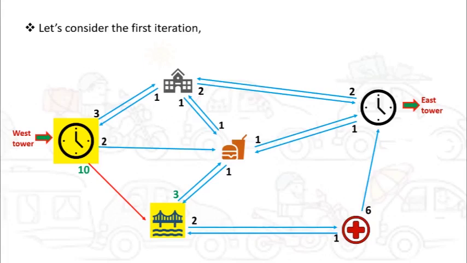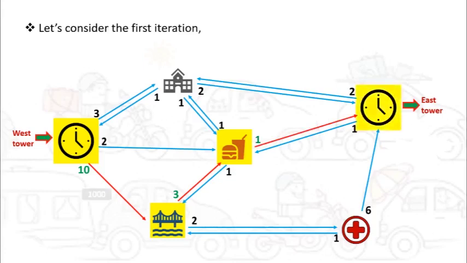That is, 300 cars can flow from the bridge to the cafe rather than 200 cars flowing from the bridge to the hospital. So we choose the path from the bridge to the cafe because our objective is to maximize the flow of cars through the city. Now we can select a path either to go directly to the east clock tower or to go to the school and then reach the east clock tower, because the flow amounts are equal. Here I select the direct path to the east clock tower and reach the destination.